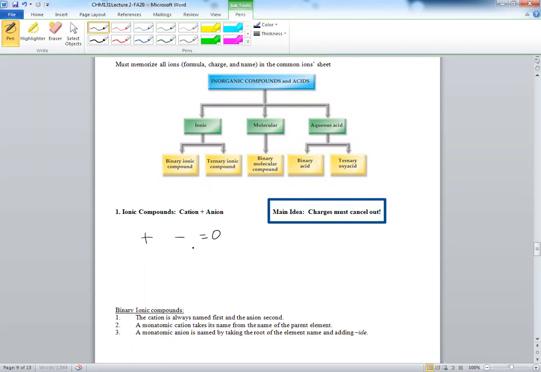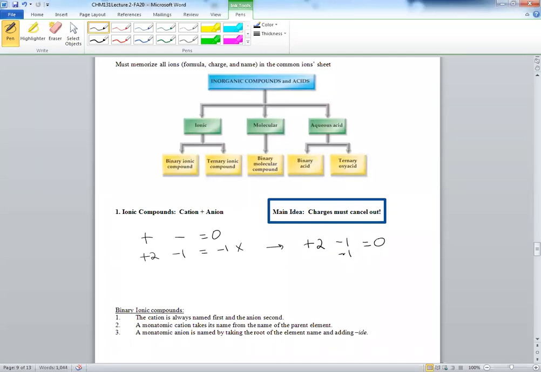What does that mean? It means that if I have a positive 2 here, and I have a -1, I can't just leave my answer as a -1. That is not acceptable. So what do I have to do? Well, you have to do whatever it takes to make them 0.